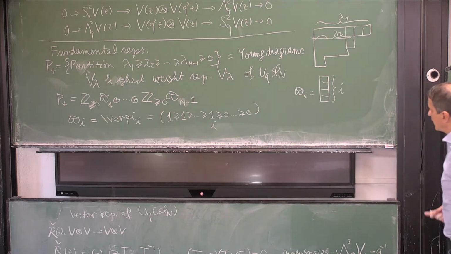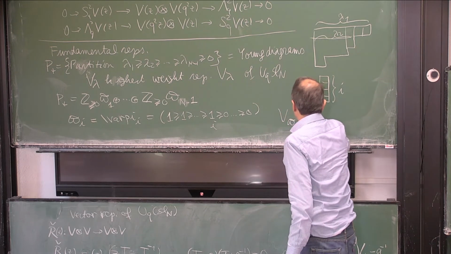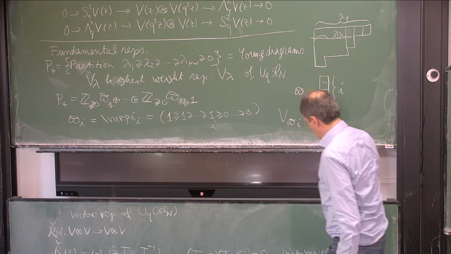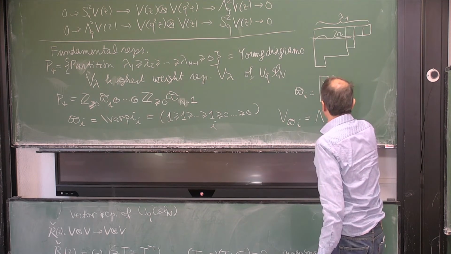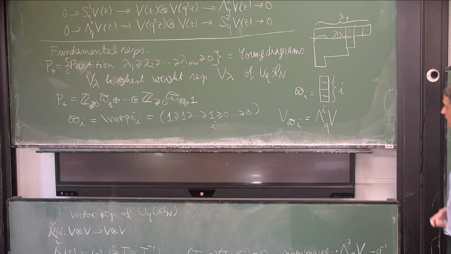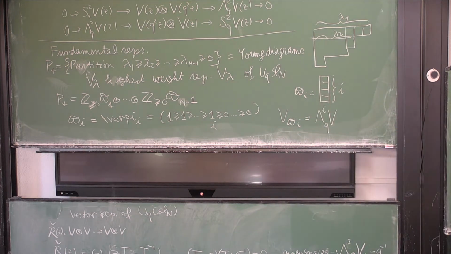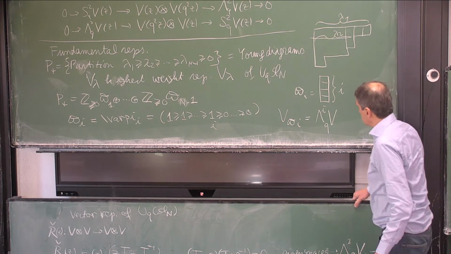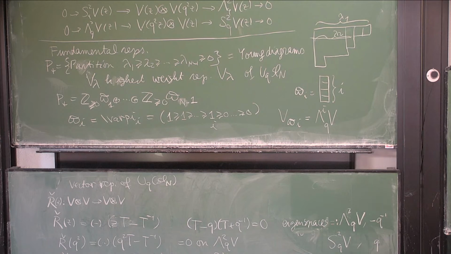And the corresponding highest weight representations are a generalization of this wedge 2, so there will be wedge i, wedge q i of V, and this is the kernel of some projection that you can construct out of T, but I will give later a more explicit representation. So this will be generalizations, and so they are generated.